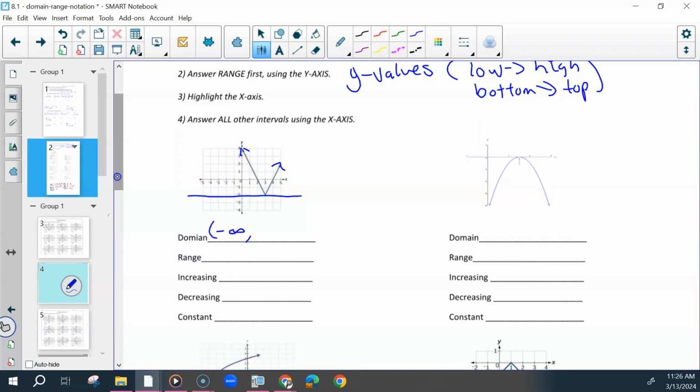And then if we're looking to the right, this has an arrow. It's going to keep going up and right forever and ever off that way. Where would that end? Positive infinity. So you can write it like this, or x is an element of all real numbers. So either or. Questions on how we found the domain first?